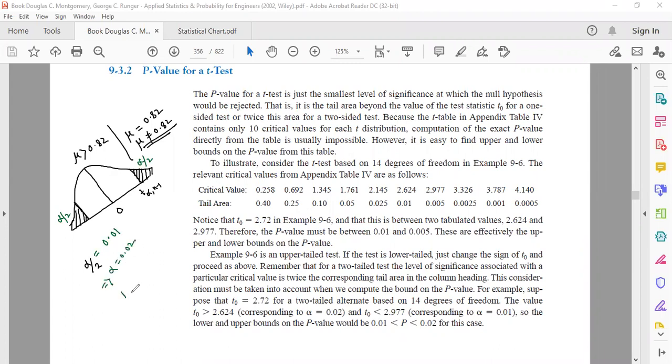And if alpha by 2 is 0.005, then alpha will be equal to 0.01. In two-tailed testing, this is going to happen. This is if I consider this two-tailed portion, but our testing is not two-tailed, it is one-tailed testing.